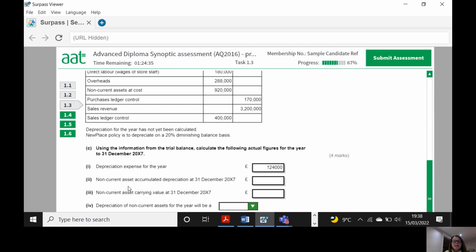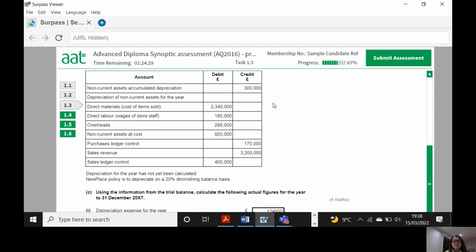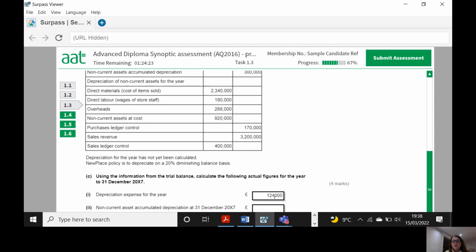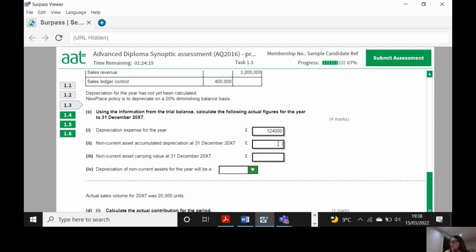Next bit, non-current asset accumulated depreciation. Right, so I know that I did already have 300,000. I've just put through an extra 124,000. So therefore, add the 300 and the 124,000 together, gives me 424,000. Non-current asset carrying value at the 31st of December.